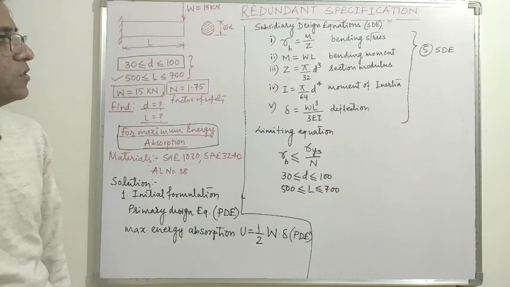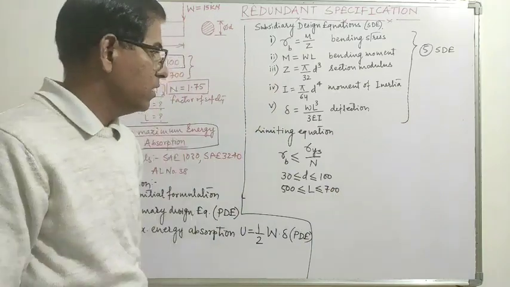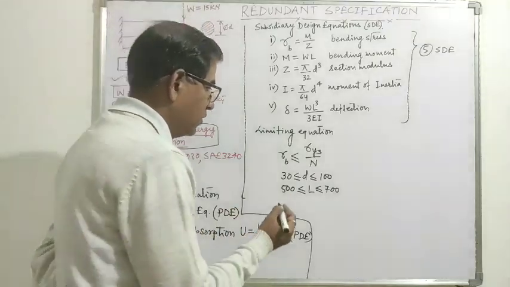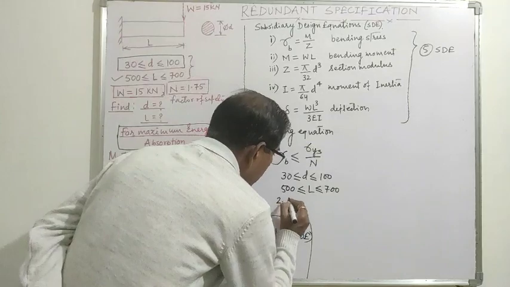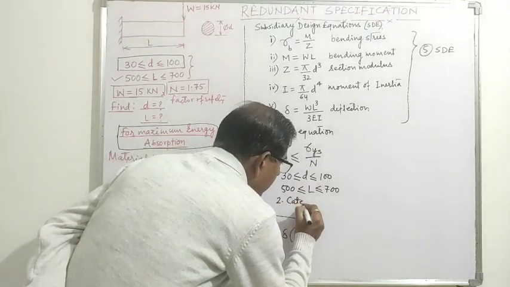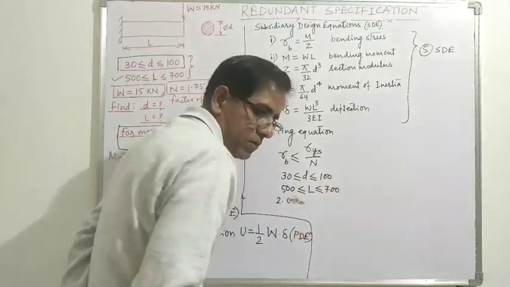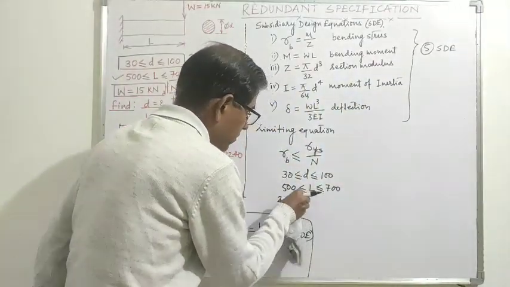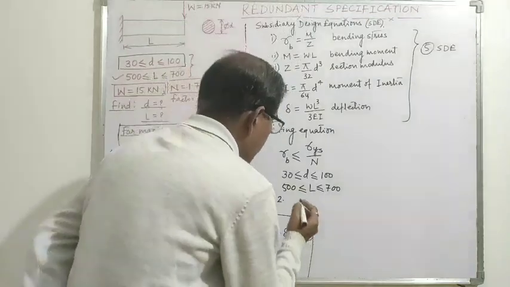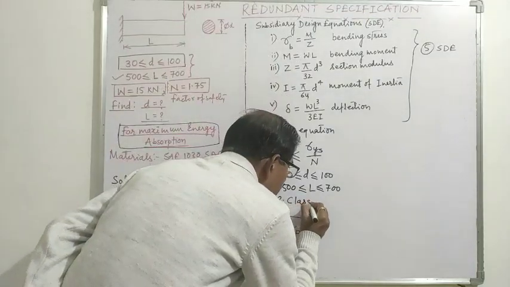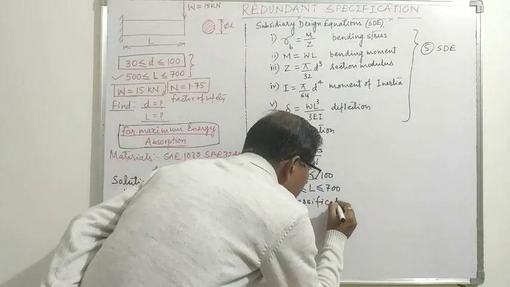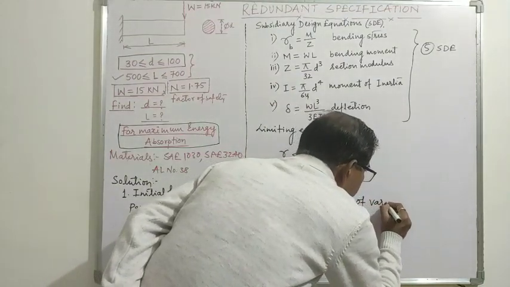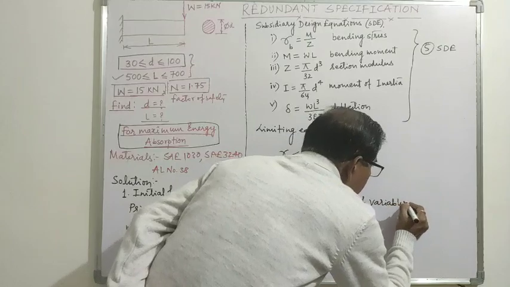Now next is to categorize the variables into 5 categories. Step number 2, classification of variables.